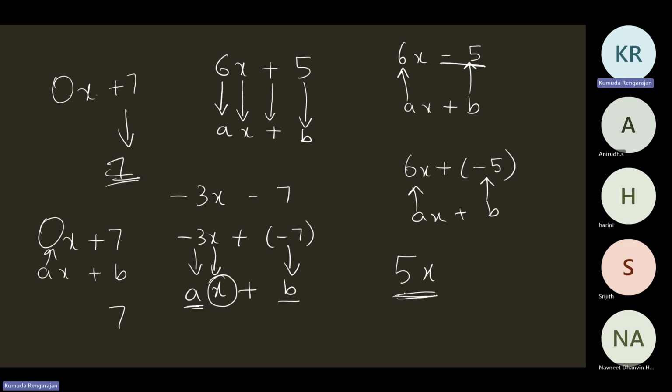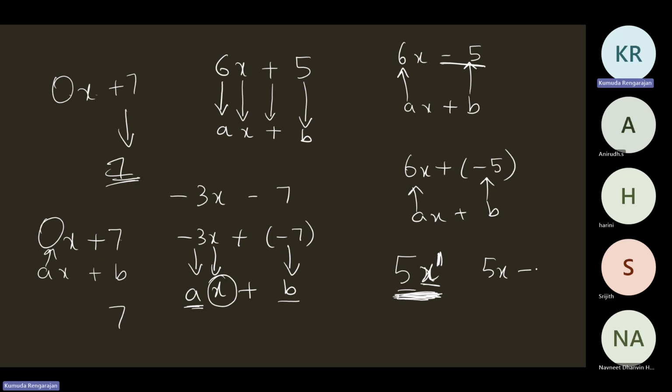We can use the term linear because the power of x is 1. And you can call this an expression because it's made up of constants and variables. You can see one variable x. So 5x is an example of a linear expression in one variable x.